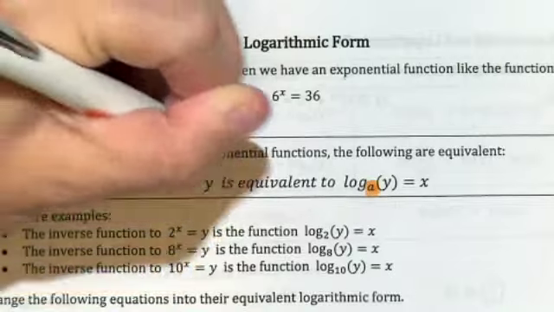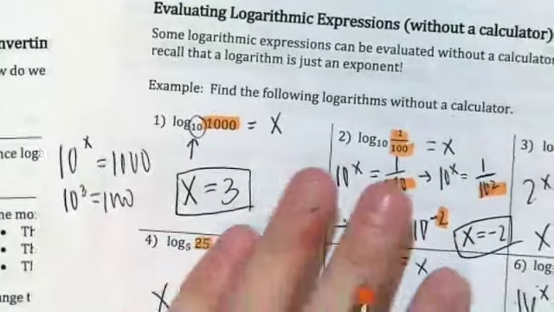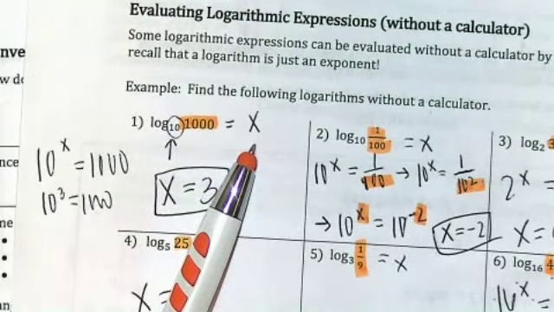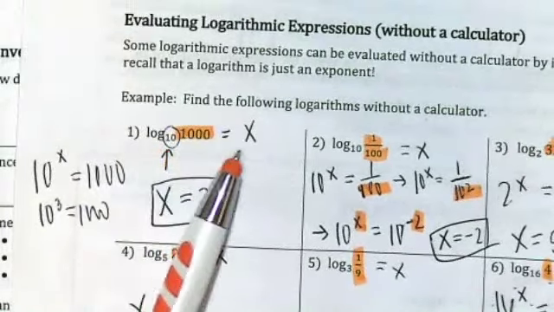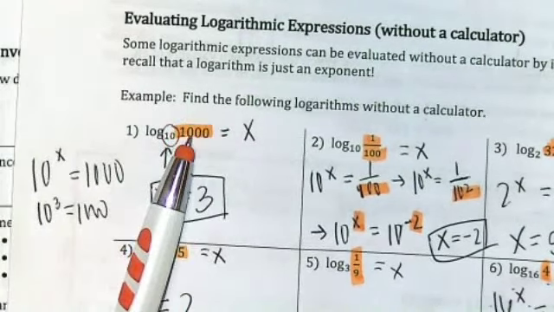X is the exponent, and like earlier, it's what we set our equation equal to. When we were converting earlier, I just set it equal to x and said this logarithmic function is the same thing as 10 to the x equals 1,000, because we're thinking 10 to the what gives me 1,000.